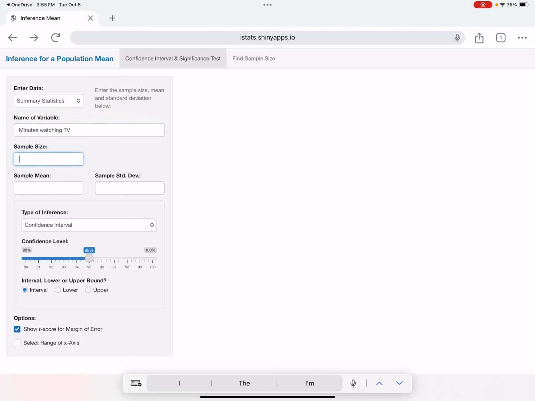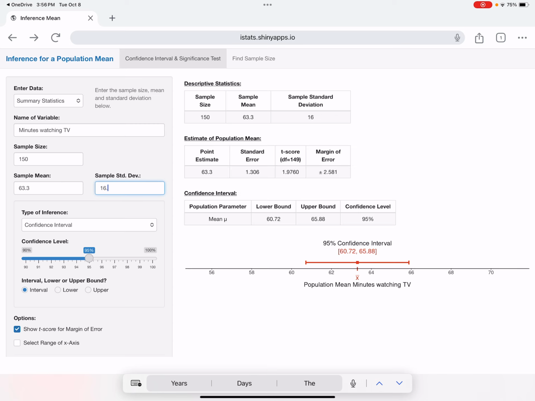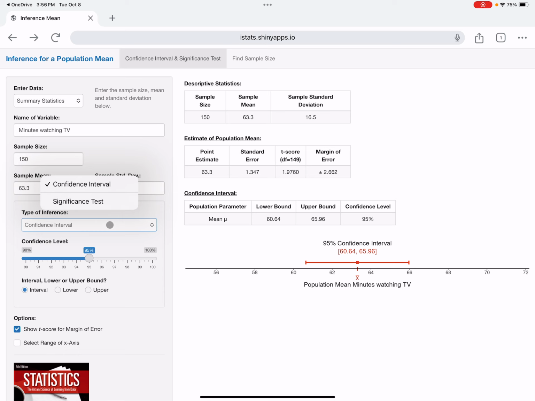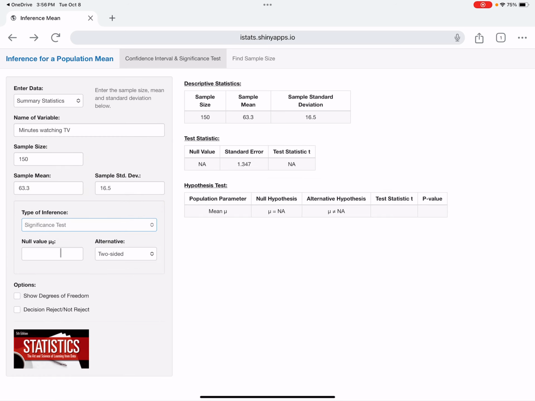Our sample size on this problem was 150 TikTok users. Okay, the sample mean was 63.3, and the sample standard deviation was 16.5. And let's get a p-value. So we're going to run a significance test.